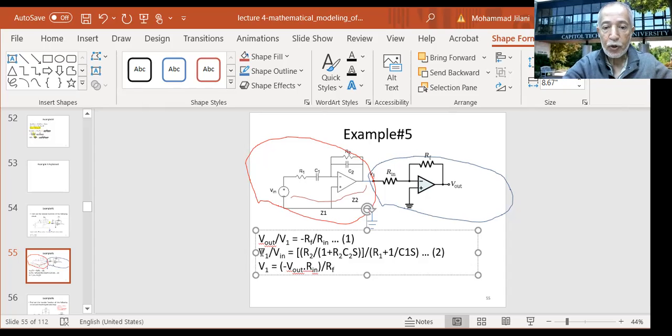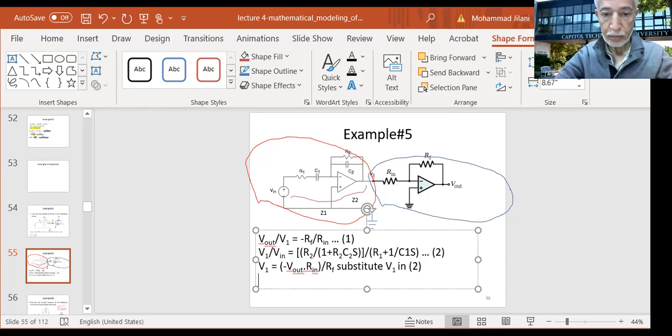Now, I substitute V1 in equation 2. Substitute V1 in 2. And I get the value of V1, which is this one right here.